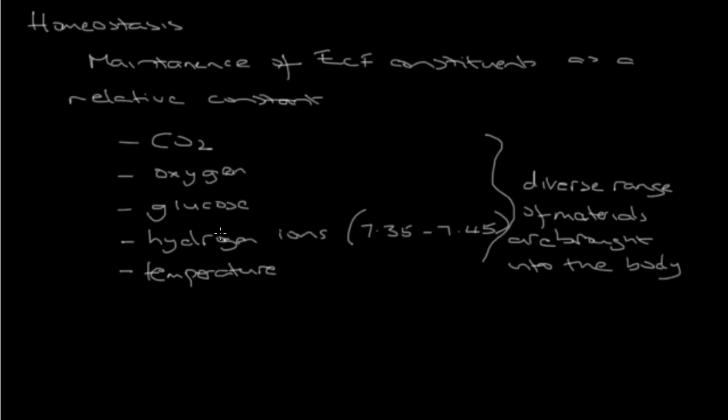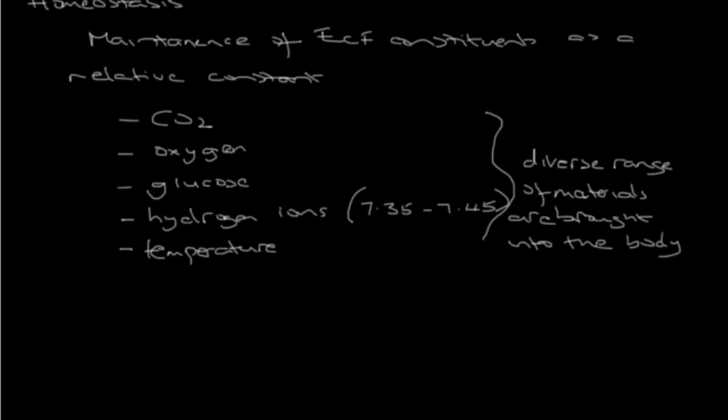The body doesn't like it if the balance starts to change. So the function of homeostasis is to try and make sure that all these factors here maintain at a fairly constant level. Okay, so the ECF consequently acts as a buffer zone.